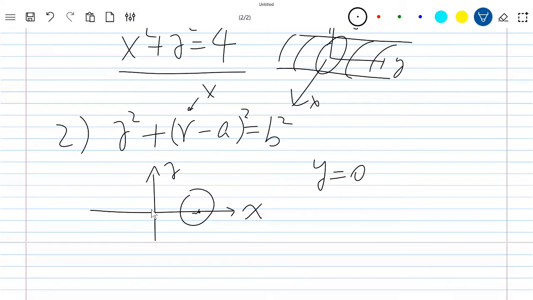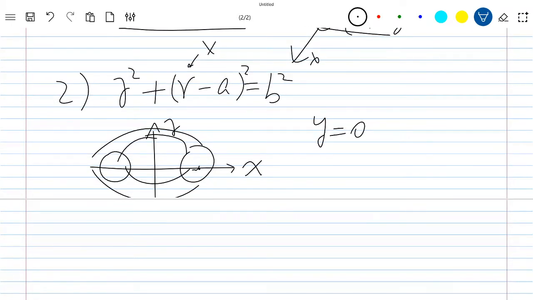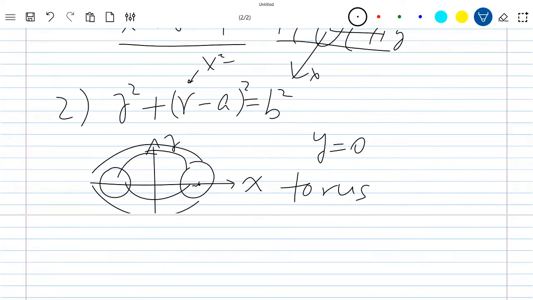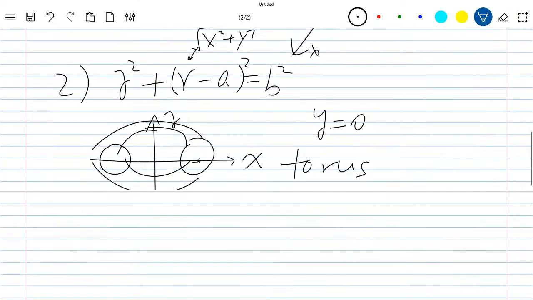Then x becomes r. It means you have to rotate this about the axis. See what you get? You get a torus. That's what you get by rotating a circle around the z-axis. And how do we parameterize this? Well, x, y, z wouldn't be convenient because r equals the square root of x squared plus y squared, which is awkward.